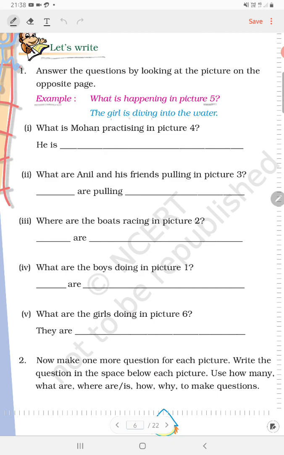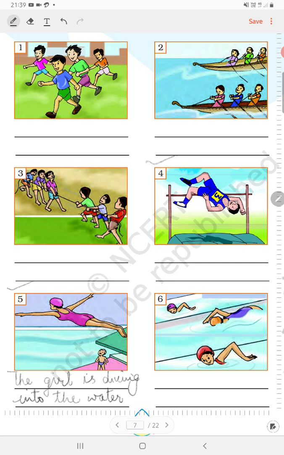Now turning back in the next. What is Mohan practicing in picture 4? Let's see what is there in picture 4. Here, this is picture 4. Yes, the boy is jumping in picture 4. So you can write what do you see in this picture? The boy is jumping above a rod.